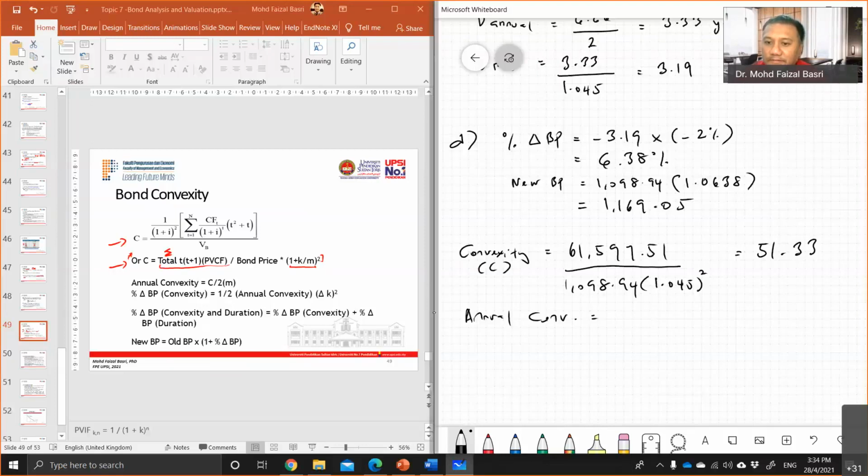So 51.33 divided by 2 times 2, which is 4, and we're going to have 12.83.